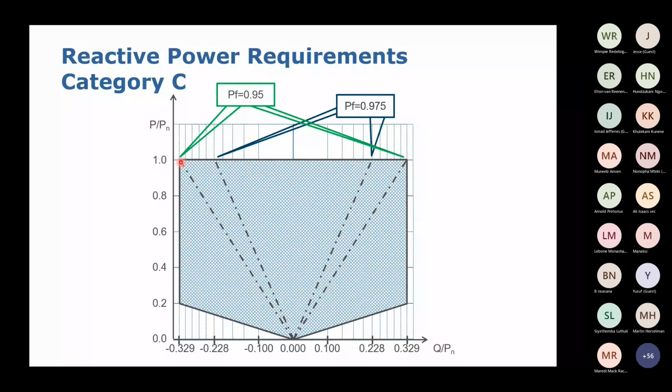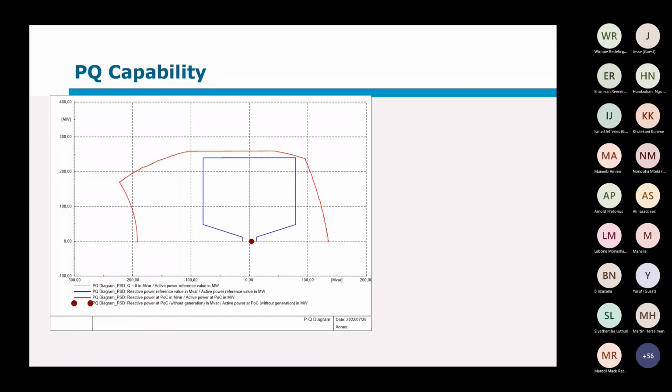Just to show you what graphs could look like, this blue trace is the requirement from the grid code. In this case, the plant can actually give this much reactive power, both positive and negative, when the plant is at zero output power, and it can meet all the requirements of the grid code.